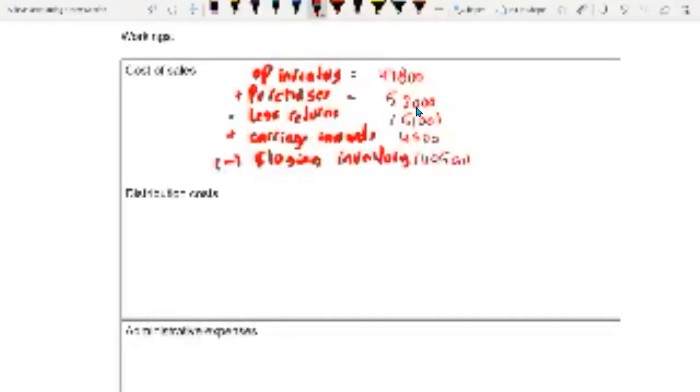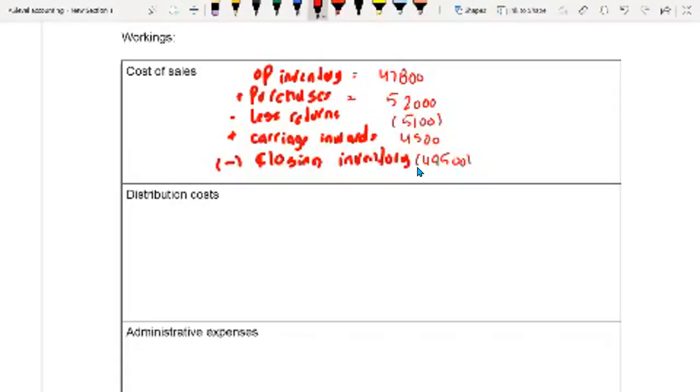So 47,800 plus 522,000 minus 5,100 plus 4,500 minus 49,500 gives us the cost of sales, which is equal to 519,700. So this is the cost of sales.